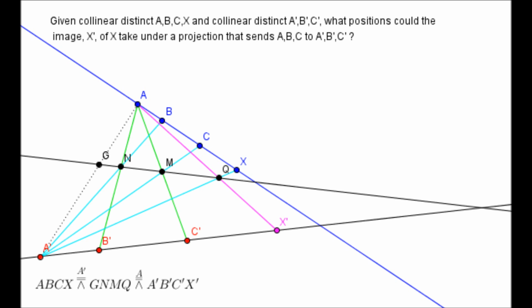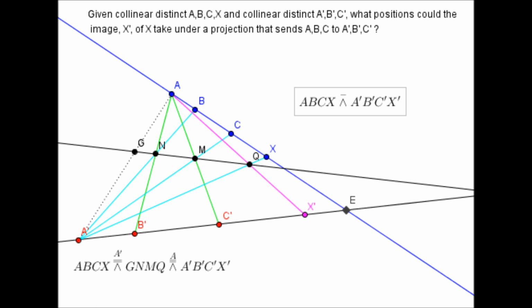So this is one projectivity from our first line to our second line, and one way of finding an image X dash of X.